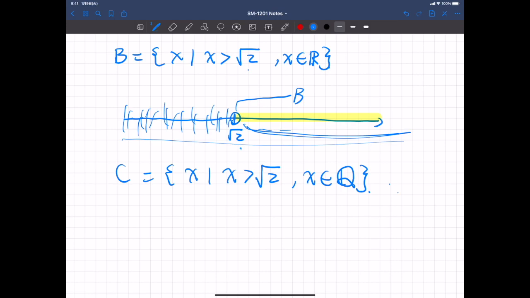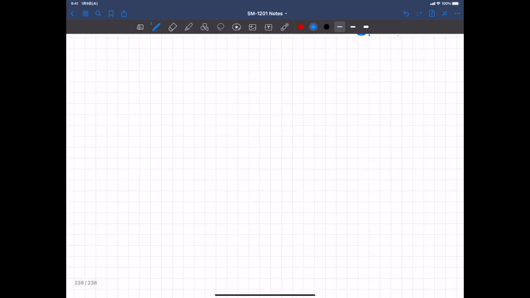And now, the next lemma should be quite trivial. Okay, lemma. Let's say S is a subset of real numbers, and alpha, let's call it A. A is a real number.